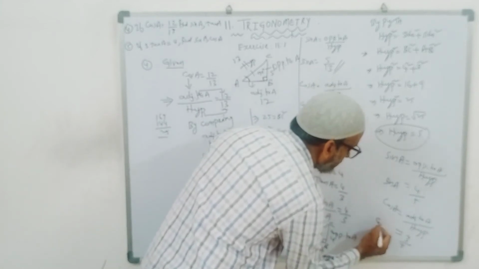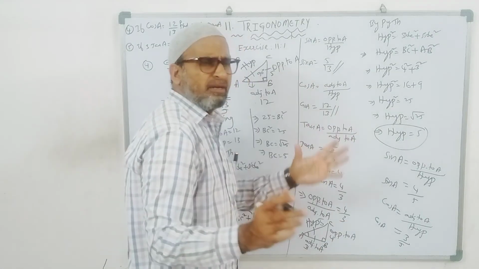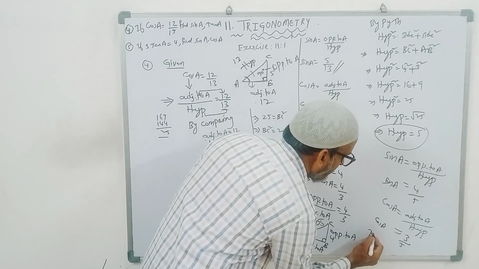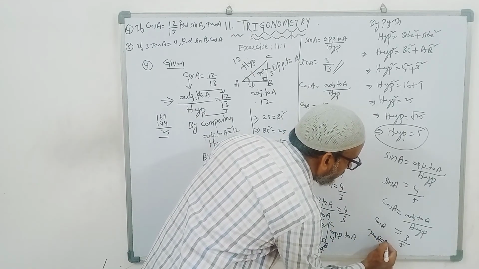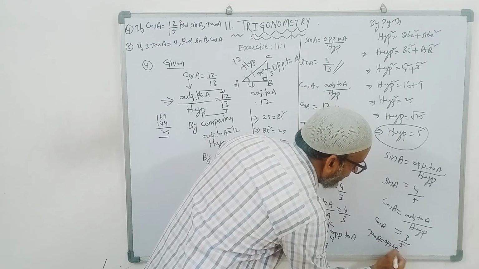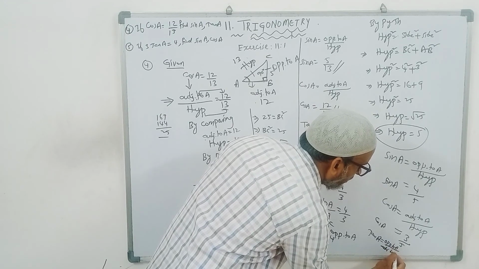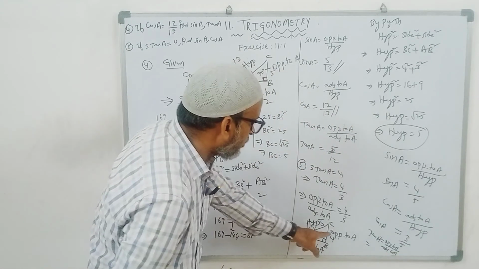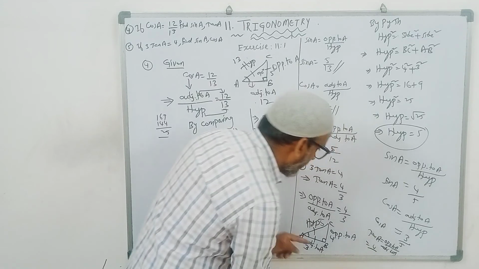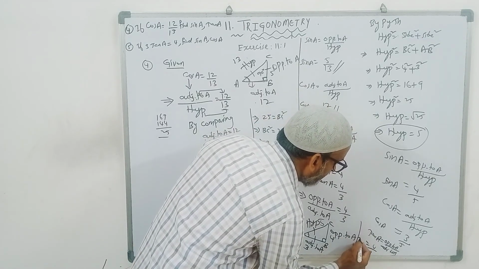This is cos A. Tan A is opposite to A by adjacent to A, which is 4 by 3. This is tan A.